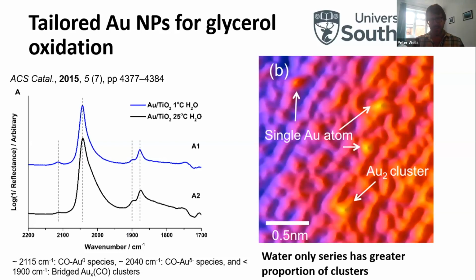But in the water-ethanol series we saw very, very defined bands of adsorbed CO at these specific sites. And so that was indicative of, actually, not just larger planes of gold, but clusters. And then here when we did some TEM, we could actually identify significant populations of atoms and clusters. We link the performance not just to the average particle size, but to the presence of these cluster species. And again, knowing the different preparation routes is quite important to understand how you can make that inference.